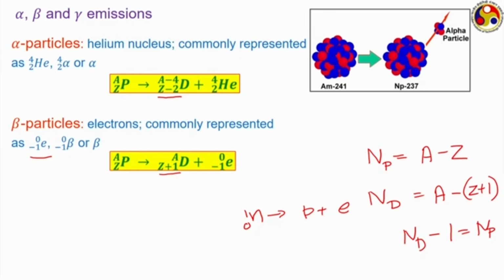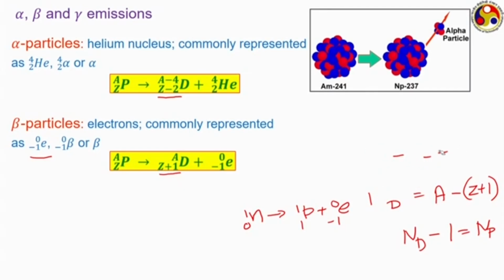As per our convention, proton is having +1 charge, electron is having -1 charge, electron mass is 0 and proton mass is 1. So, both the atomic number and mass number remain balanced, and accordingly a beta emission or beta particle decay can be visualized as the conversion of 1 neutron to a proton and electron.